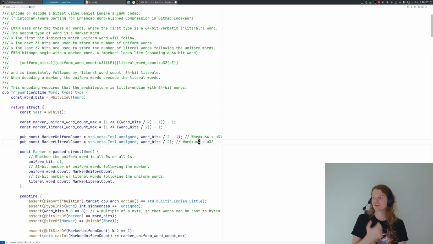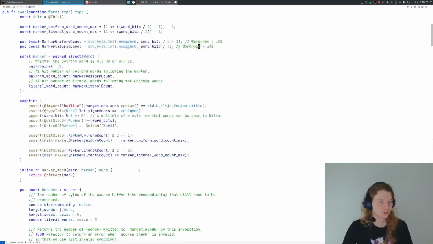They are either uniform, which means they are 64 zeros or 64 ones, or they are non-uniform. For each uniform word, we do run length encoding, and each non-uniform word we store literally.